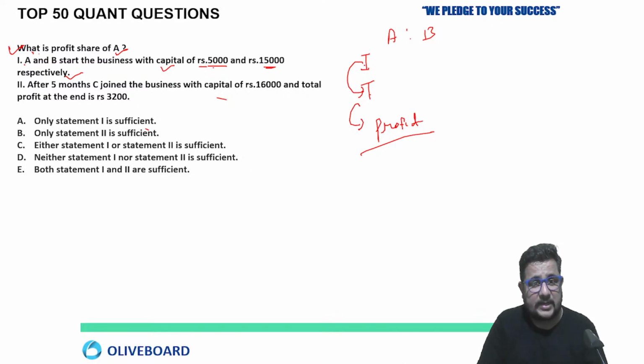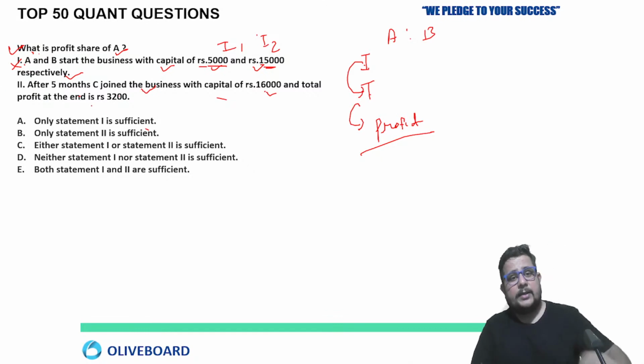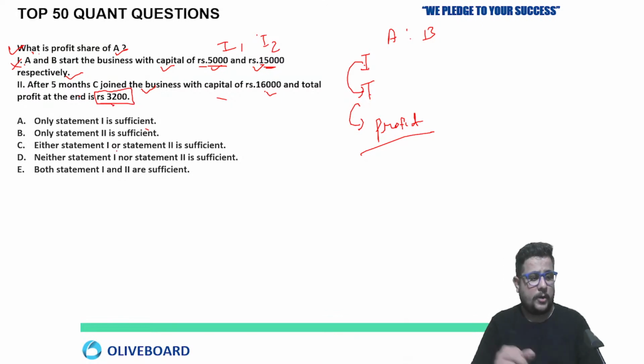But here in the first statement, 5,000 and 6,000, their investments are given, A and B's, which is not enough to answer this question. Second, after 5 months, C joined the business with capital of rupees 16,000 and the total profit at the end is rupees 3,200. So option D, no time is given. Very good. Great job. After 5 months, C also joined, and he invested 16,000.